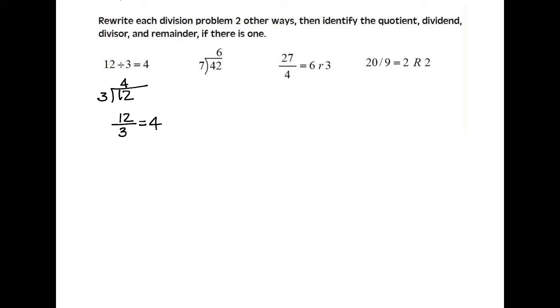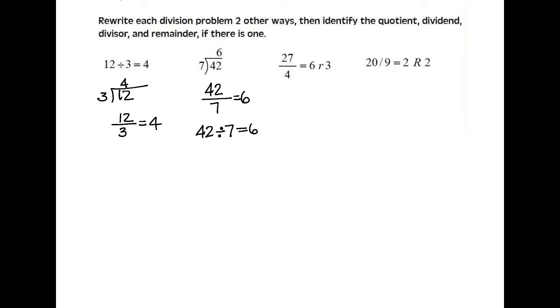Now the second one, we start with this version and we're going to change it to the other 2. So let's do a fraction next: 42 divided by 7, and the answer is 6. And now straight across, you're going to use 42 divided by 7 equals 6.